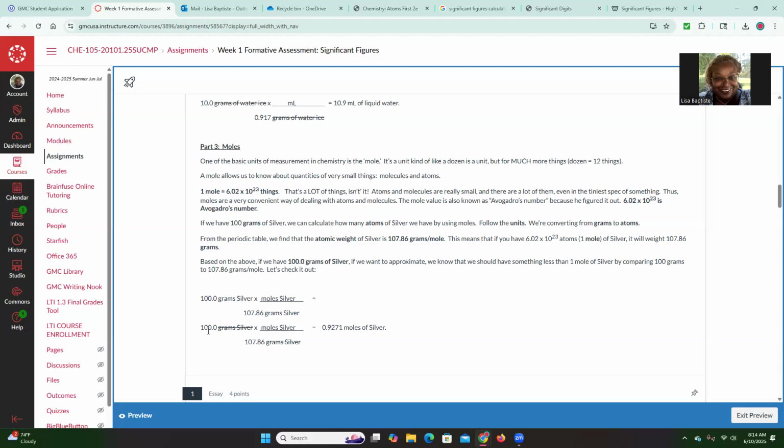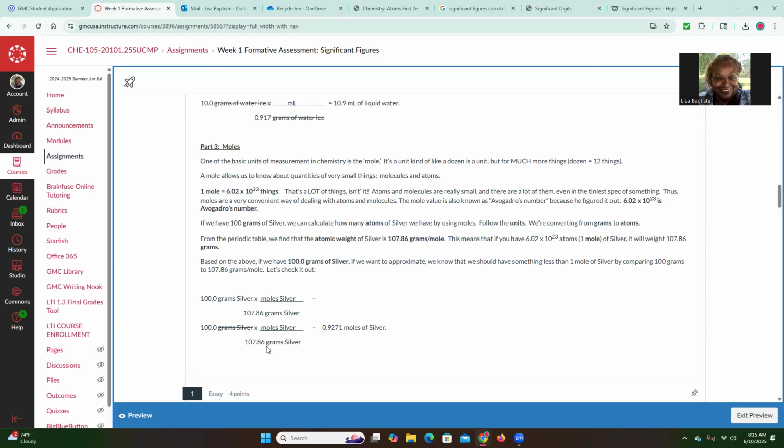You're going to take the 100.0 divided by the 107.86, and you get 0.9271 moles of silver. So let's look at significant figures. 100.0, remember we looked at this example before, that decimal makes all of those trailing zeros significant. So that gives you four significant figures.